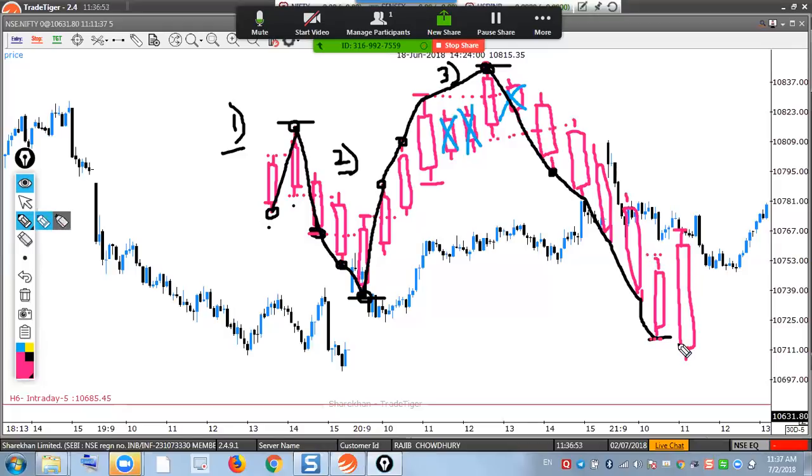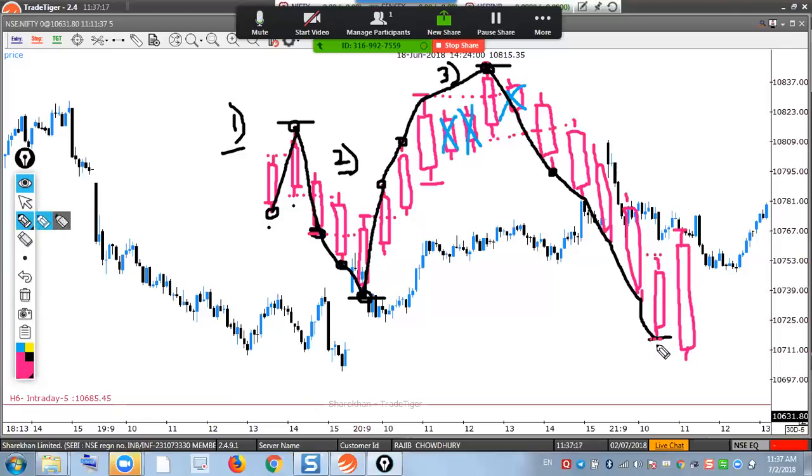Now, whenever you see an outside candle, you'll have to take a break in continuing the line towards the downside here. Firstly, I'm not telling you the logic, I'm just telling you the formula directly, and later on you'll understand the logic behind it. We have been drawing the lines low, low, low, low here, and whenever you see an outside candle, just stop there.